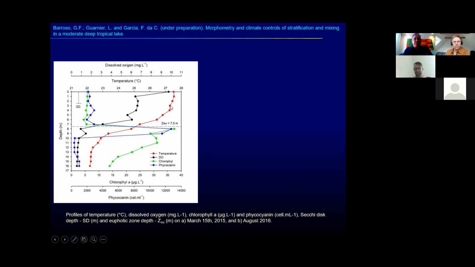The temperature here is in red, and decreasing dissolved oxygen towards the bottom, and increasing phytoplankton pigments towards 1% of light, featuring the maximum metalimnetic concentration of phytoplankton chlorophyll. So we would expect that chlorophyll, the biomass of phytoplankton, would be next to the surface, but actually they are well adapted for low light but nutrient-rich environment.